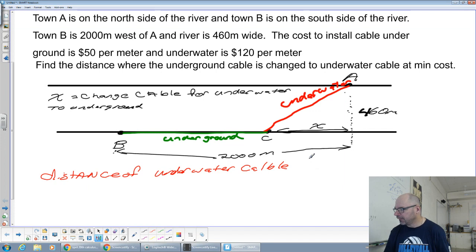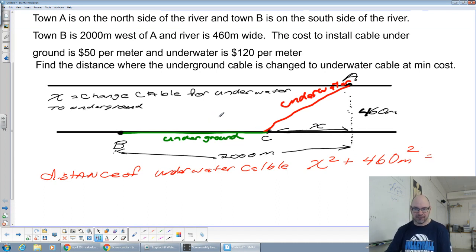So it's going to be x squared plus 460 meters squared equals the distance underwater. We'll call it C: A squared plus B squared equals, we'll call it R squared.